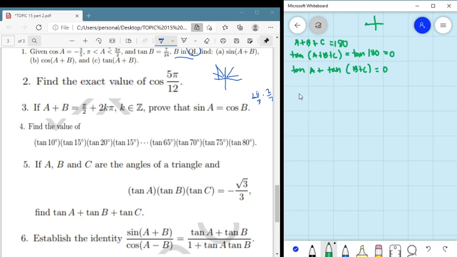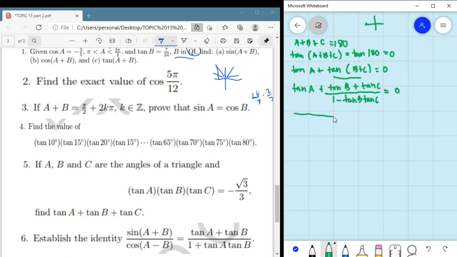And this one can be simplified to tangent A plus tangent of B plus tangent C all over 1 minus tangent B tangent C. So, using the identity, it equals 0 still.